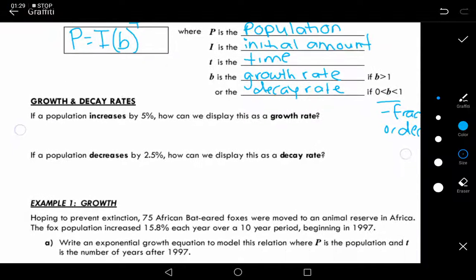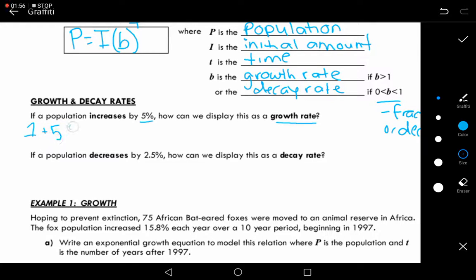In order to figure out what your growth or decay rates are, if a population increases by 5%, how can we display this as a growth rate? Anytime you have a growth, that means it has to be greater than 1. So we just need to take 1 plus the rate, or the percent, it gives us.